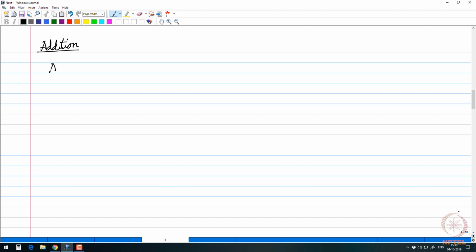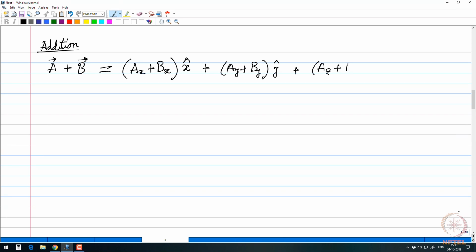If we have vector A and vector B, and we want to add them, and A has x, y and z components as Ax, Ay and Az, B has Bx, By and Bz, then this in the component form can be written as Ax plus Bx x cap plus Ay plus By y cap plus Az plus Bz z cap.